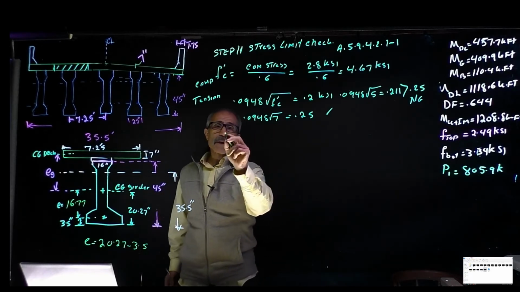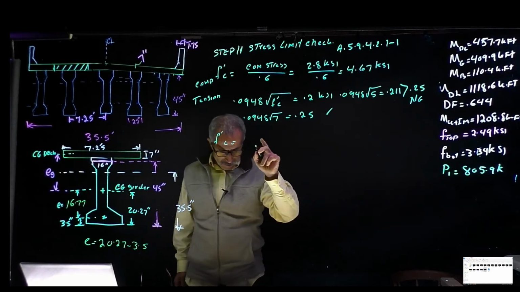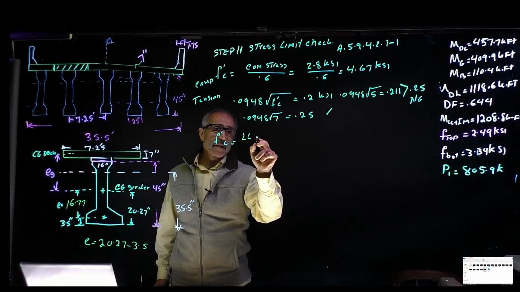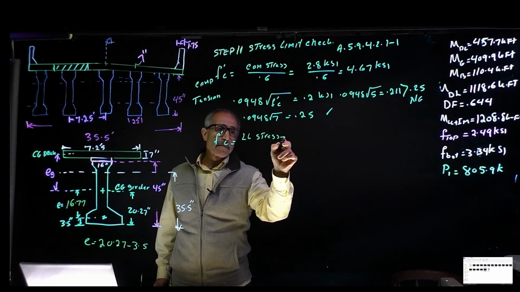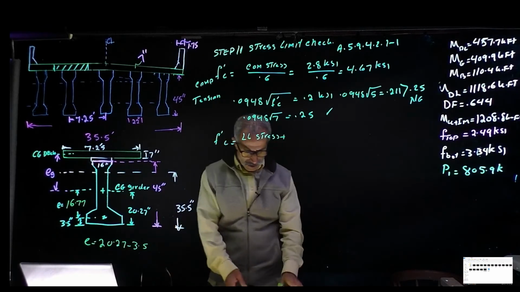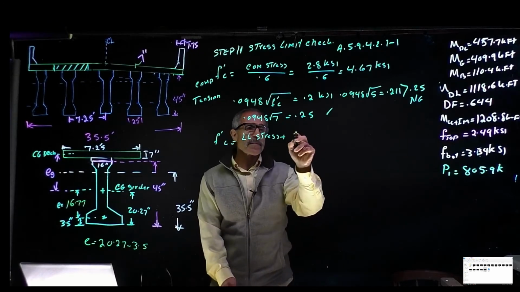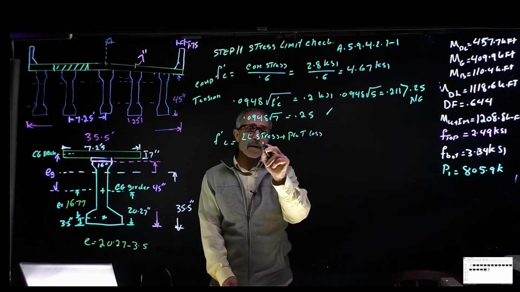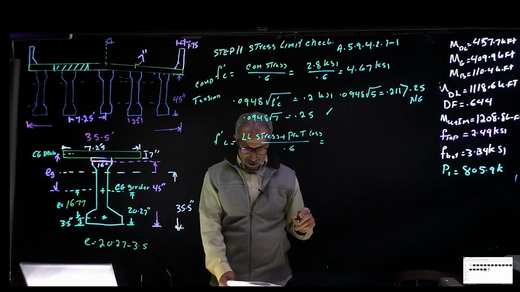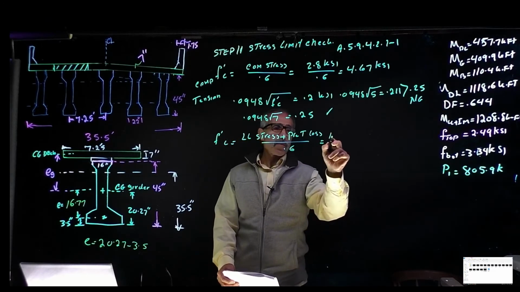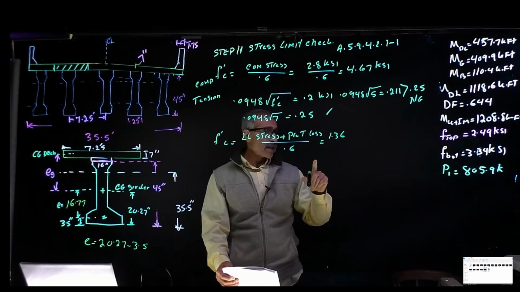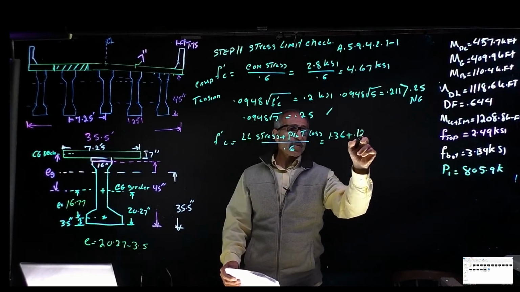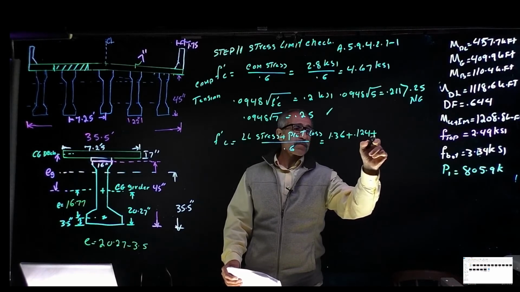So our F'c, we're going to say we have the live load stress plus pre-tensioning loss, and divide that by 0.6 per AASHTO, and we're going to come out to 1.36, which we calculated in the previous steps, plus 0.124 plus 0.159.